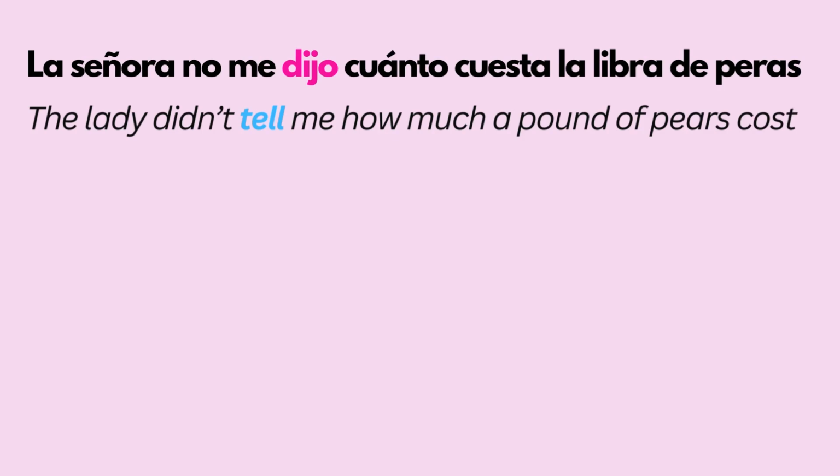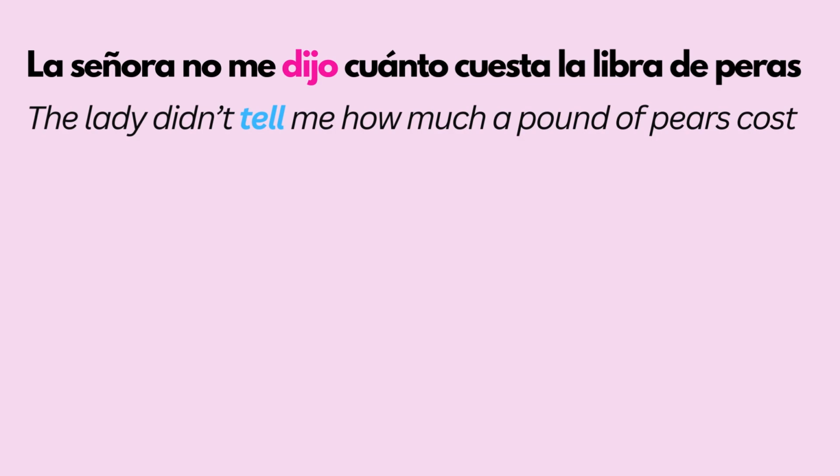In the sentence, la señora no me dijo cuánto cuesta la libra de peras, the lady didn't tell me how much a pound of pears cost, decir is translated as to tell because it implies that the lady did not convey information to the speaker. The focus is on the act of conveying or sharing information, so to tell is more appropriate in this context.